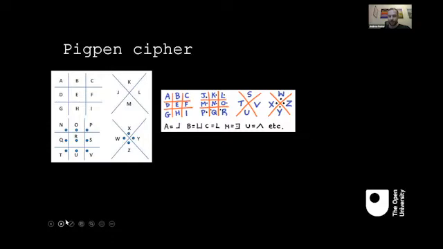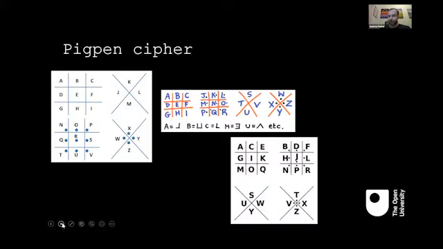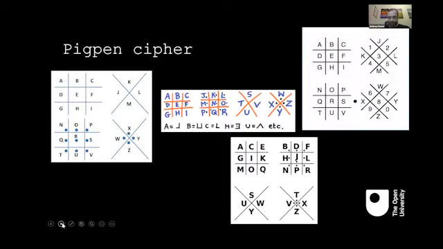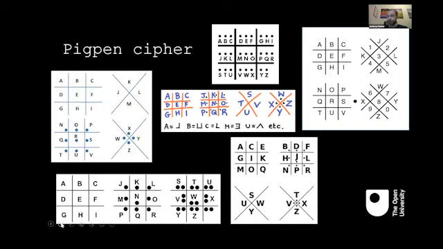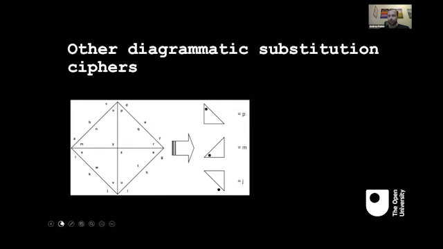It's slightly different in that you go from I and then K goes here, whereas before we had from S. Or you could rearrange them like this, or like this. There are various different ways and variations on this kind of idea. You could even have the positions of the dots tell you what the letters are inside these things. So these are all a class of ways of encrypting that are called diagrammatic substitution ciphers.